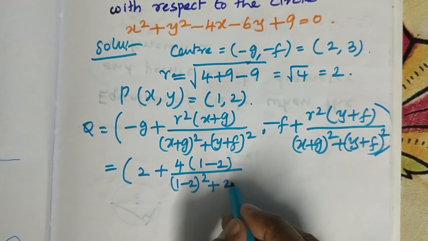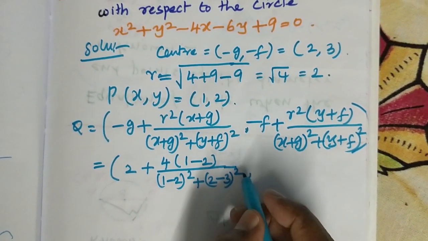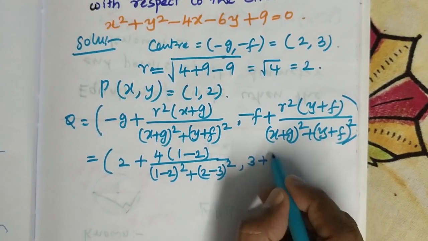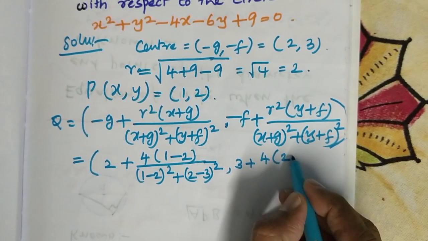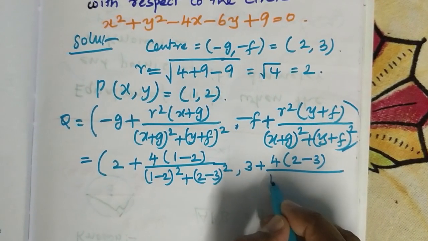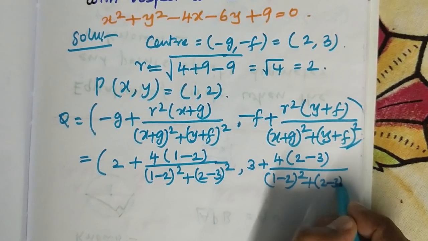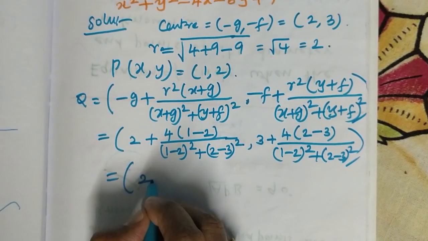2 minus 3 whole square, comma minus f is 3 plus r square is 4 into y is 2, f is minus 3 by as it is 1 minus 2 whole square plus 2 minus 3 whole square is equal to what it is 2 plus 4 into 1 minus 2 is minus 1.